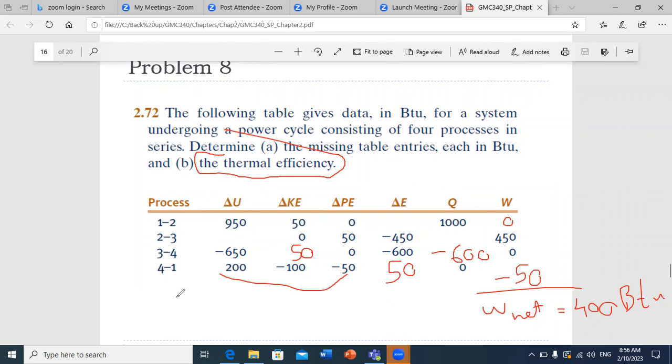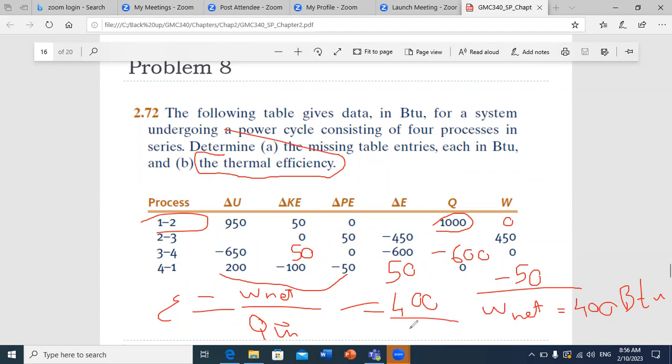And then the efficiency will be equal to W net over Q in, and the process in which we have an input of heat is the process from 1 to 2, because we have a positive value of Q. So all we have to do is to divide 400 by 1000. So the thermal efficiency of this power cycle is 40%. Okay. Any question on this?